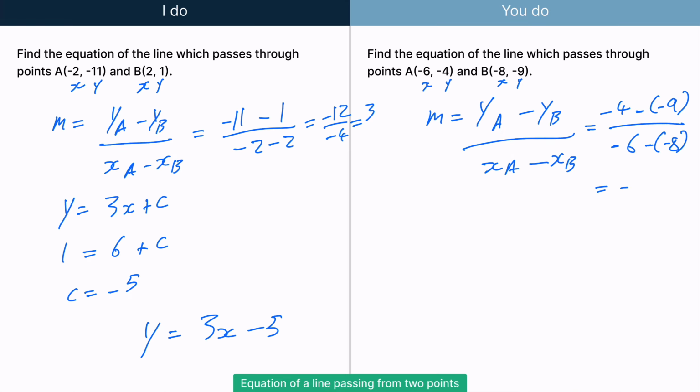So that becomes minus 4 plus 9 over minus 6 plus 8, which is going to be 5 over 2. So y is equal to 5 over 2x plus c.